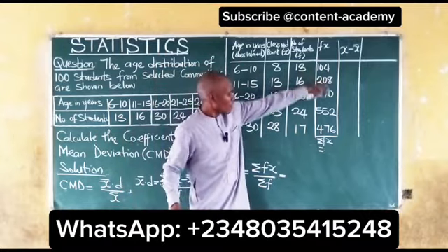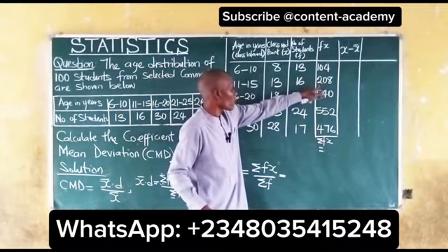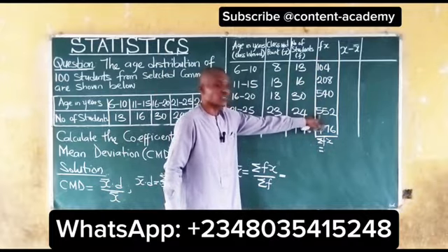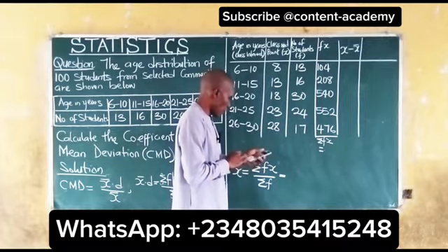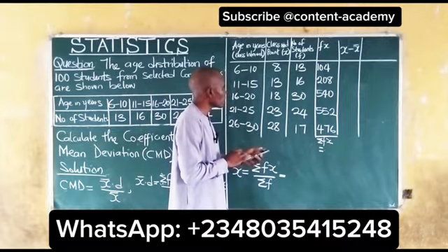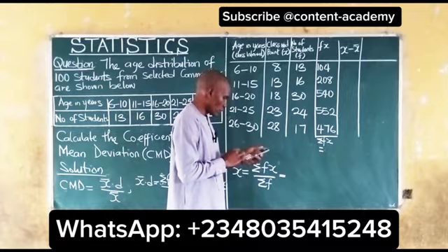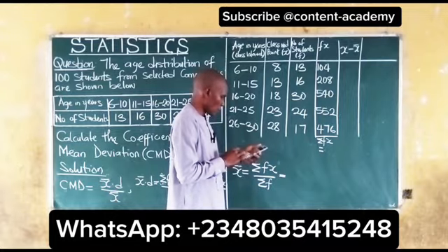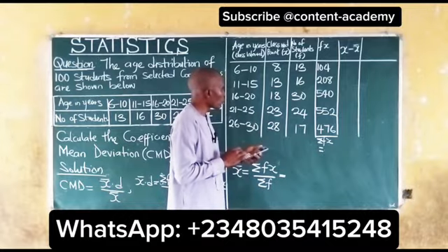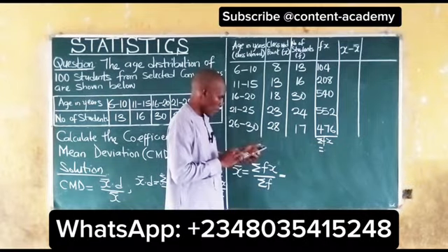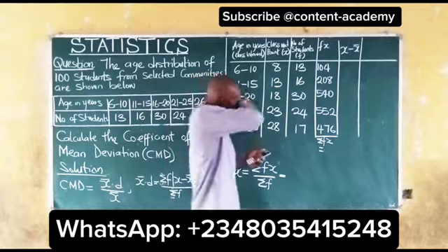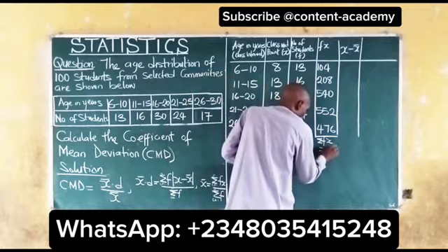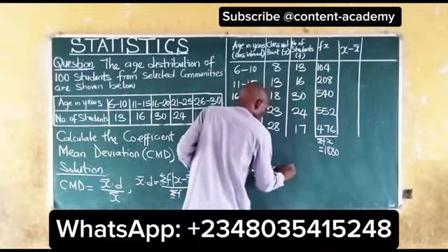So we add 104 plus 208 plus 540 plus 552 plus 476. So we have 1880.